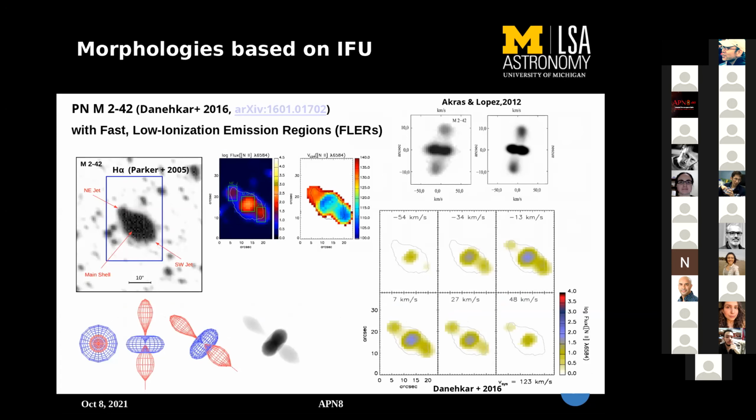What we found is that the extended knots and extended low-ionization structure have the features of fast low-ionization emission regions, with low ionization in [N II]. Another thing we saw in the IFU observation is that the southern jet has a smaller size than the northern jet, which is related to interaction with the interstellar medium. There is also a low-ionization and excitation map, which shows there is some shock excitation in the southern regions.